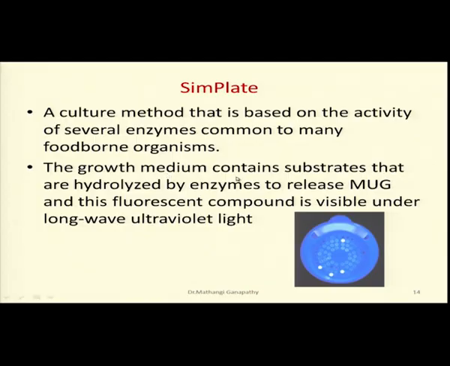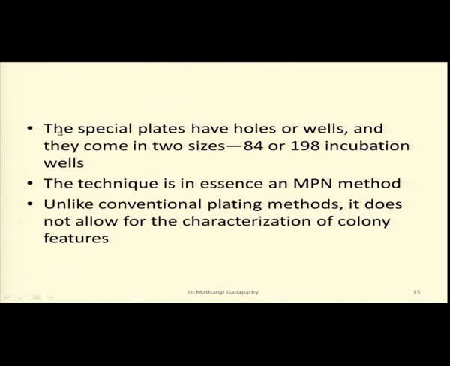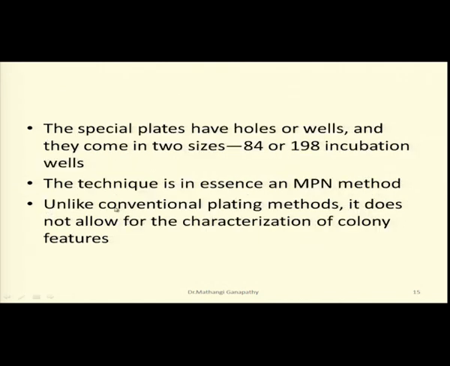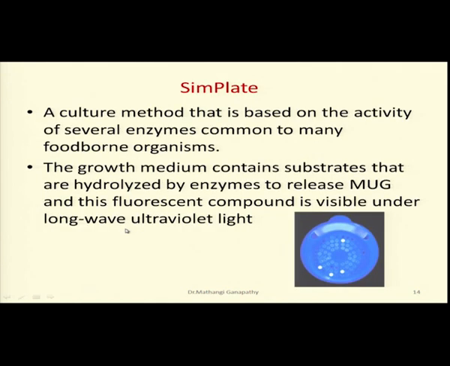The growth medium contains substrates that are hydrolyzed by enzymes to release MUG. This is methyl umbelliferyl glucuronide, and this is a fluorescent compound, visible under long wave ultraviolet light. The special plates have holes or wells, and they come in two sizes, 84 or 198 incubation wells. So, this is the plate which is seen with small holes which are visible here, and this technique is in essence an MPN method. Unlike the conventional plating methods, this does not allow for characterization of the colony features.